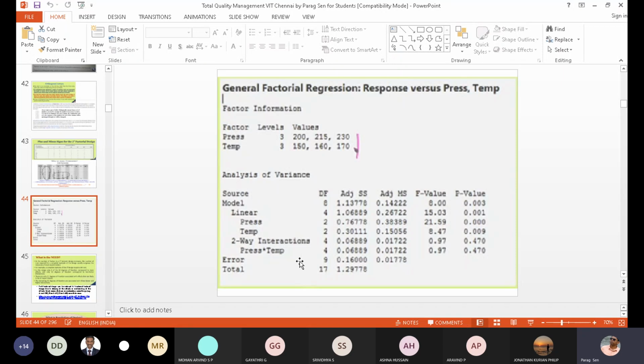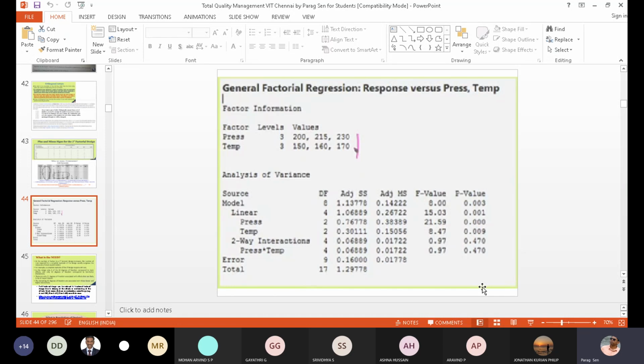You don't have any idea about the population, so whatever results you obtain are based on the sample. Statistically significant means that whatever you get in the sample is expected to be applicable for the population as well. But if it is statistically not significant, that indicates that whatever you get for your sample is not applicable for the population.